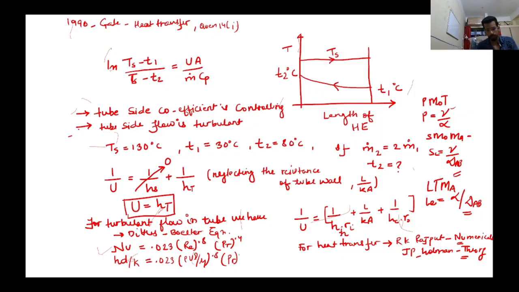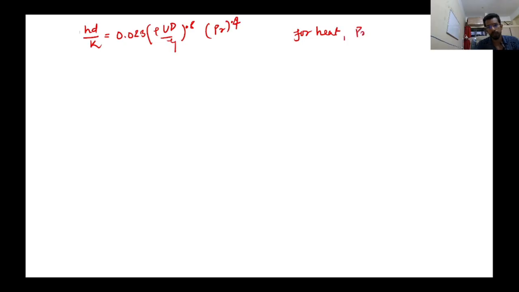Because both the things are constant, the Prandtl number will remain constant. Okay, now h d by k is equal to 0.023 times Reynolds number, which is rho V d upon mu, to the power 0.8, times Prandtl number to the power 0.4 for heating, and to the power 0.3 for cooling.